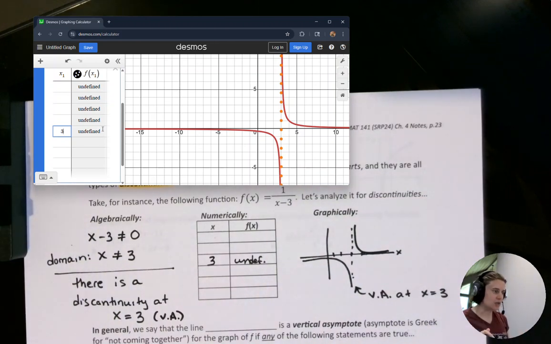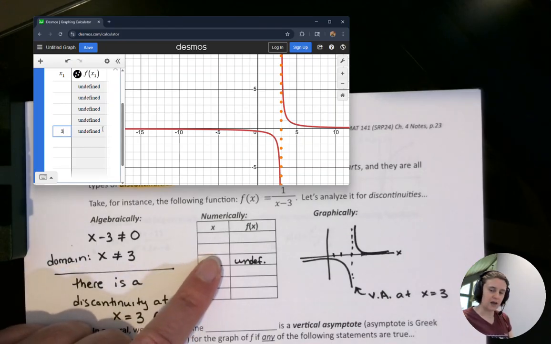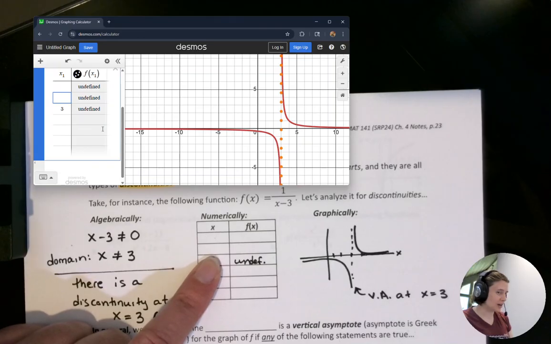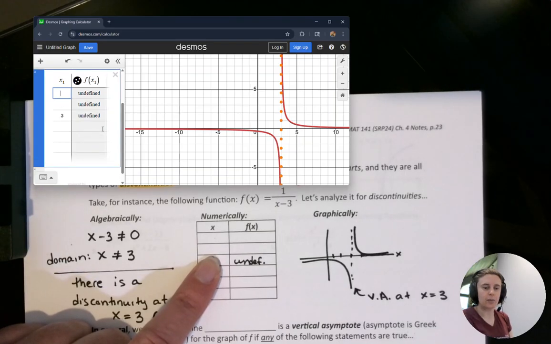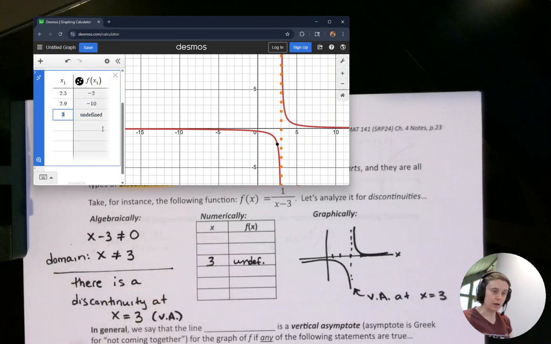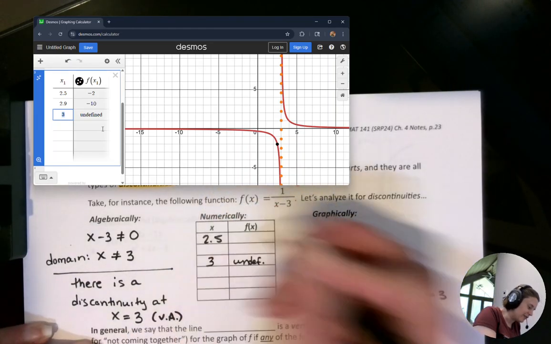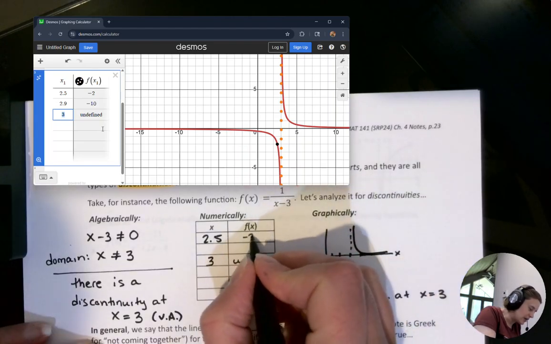Now we can determine the behavior around 3 by plugging in some numbers that are close to 3. And I'm not thinking 2, which is actually kind of far away from 3. It's a whole unit away. But I might plug in numbers like 2.5 or 2.9 as they're getting closer and closer to 3. So let's say for 2.5, the output value is -2.